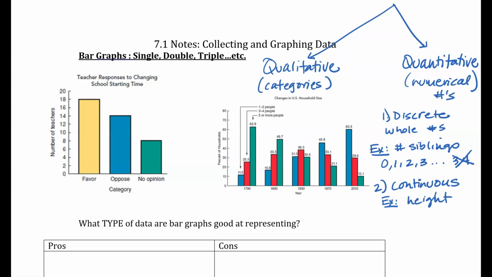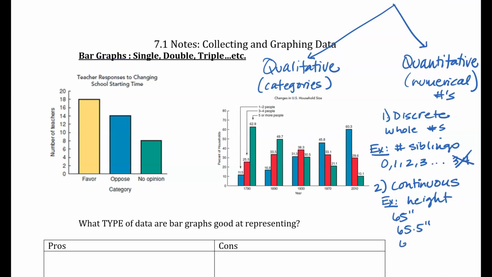So if we think about the numbers that we would use to describe height, I would say, well, I'm 5 foot 5 inches, so I'm 65 inches tall. That's one possibility for height. Now that's a whole number, but let me ask you this. Is it possible to be measured with a greater degree of accuracy? Is it possible to be 65.5 inches tall?